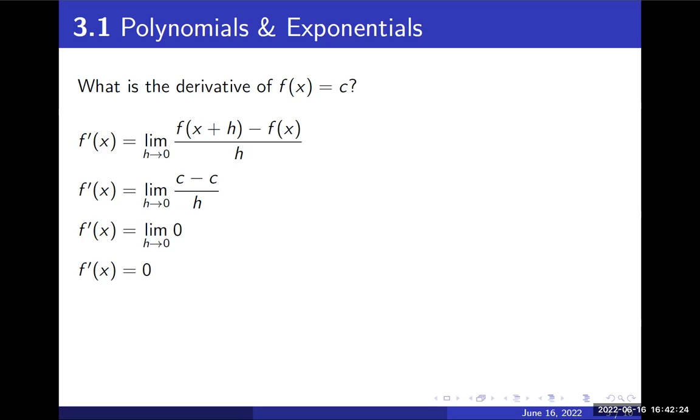Let's take a look at this graphically. I think it's helpful, kind of like how we did for f of x equals x to the first. So imagine the graph of, let's call it, y equals c. Think of any point on that graph, could be anywhere. What would the tangent line look like for any point on the line?